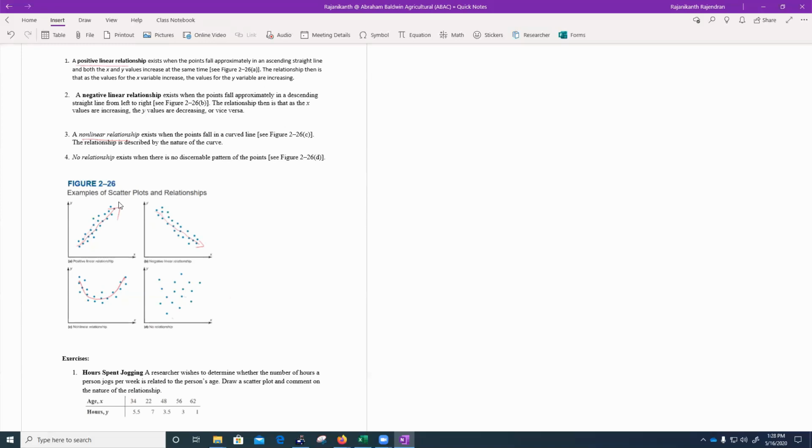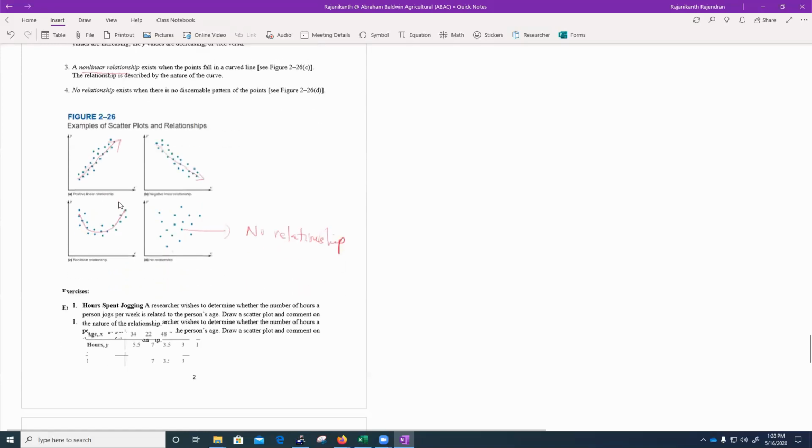Therefore, this is called no relationship. So it is very easy for us to conclude what kind of distribution the given data set has once you have a scatter plot. That is why a scatter plot is very, very useful, right?